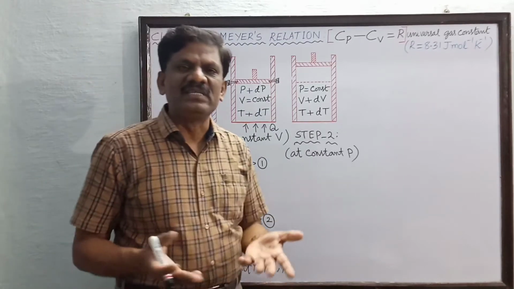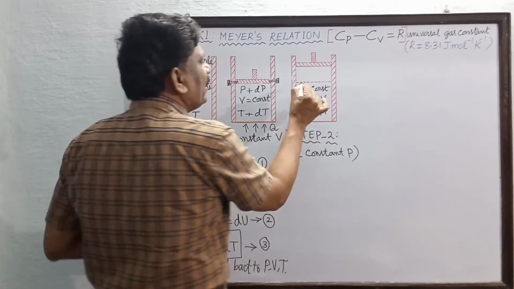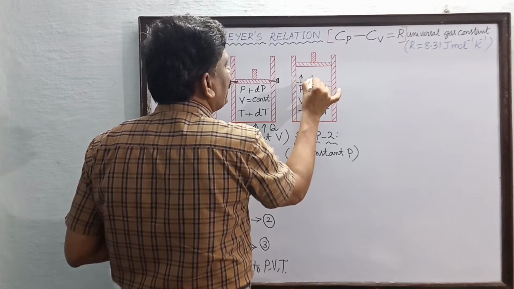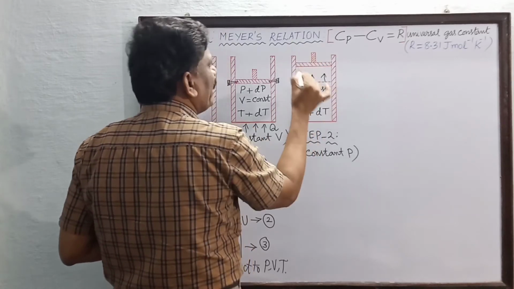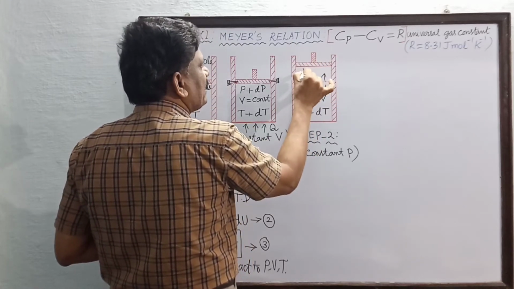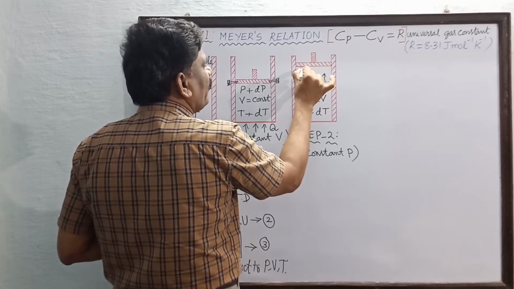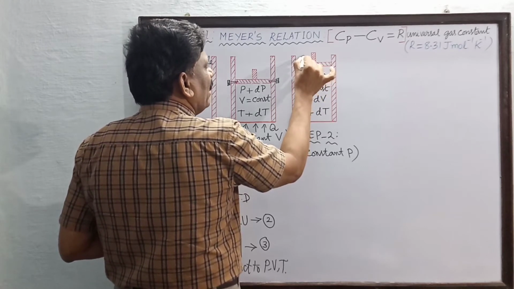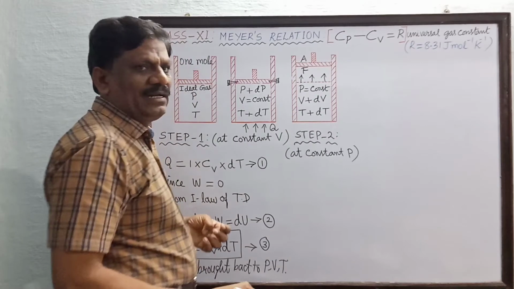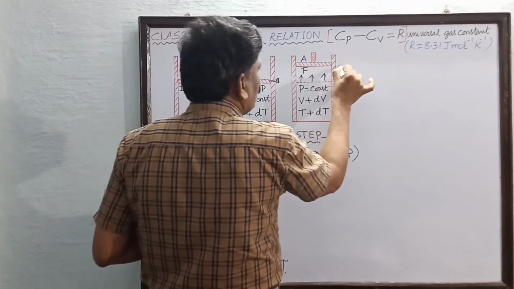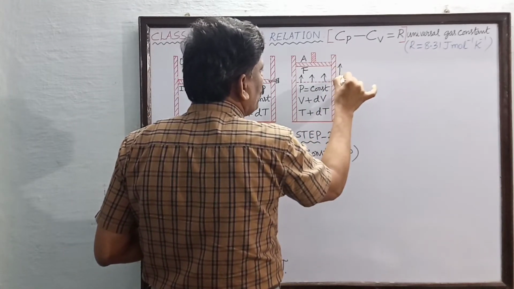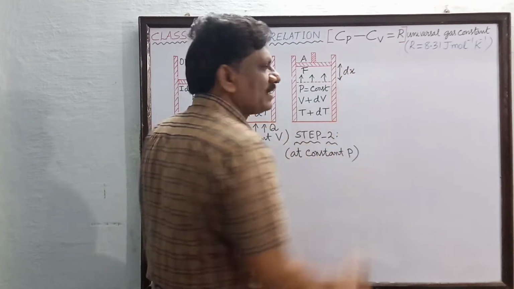That means the piston is moving upward. You can see that the initial position of the piston is here and it is moving upwards, exerting a force, and A is the area of the piston. Now the piston is moving up through a small distance dx.